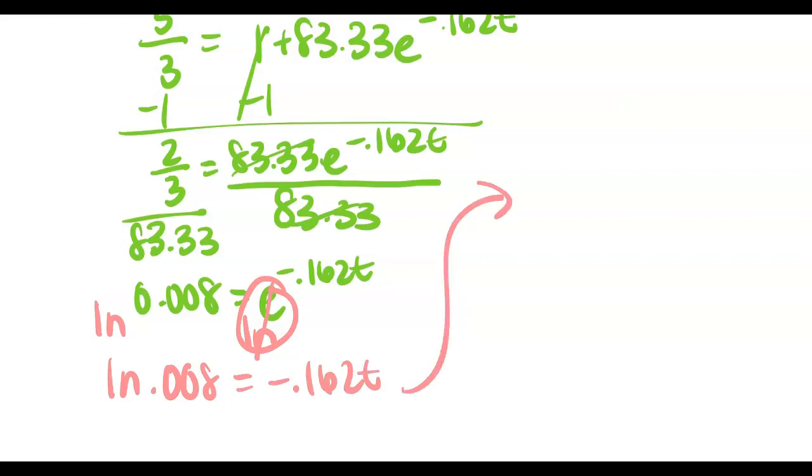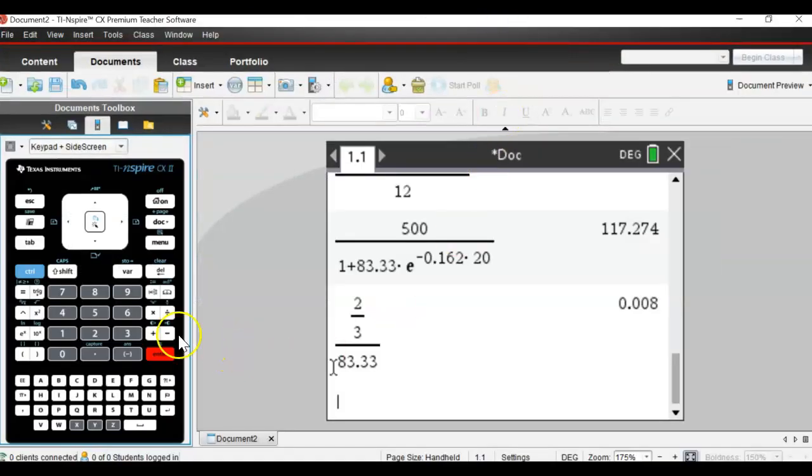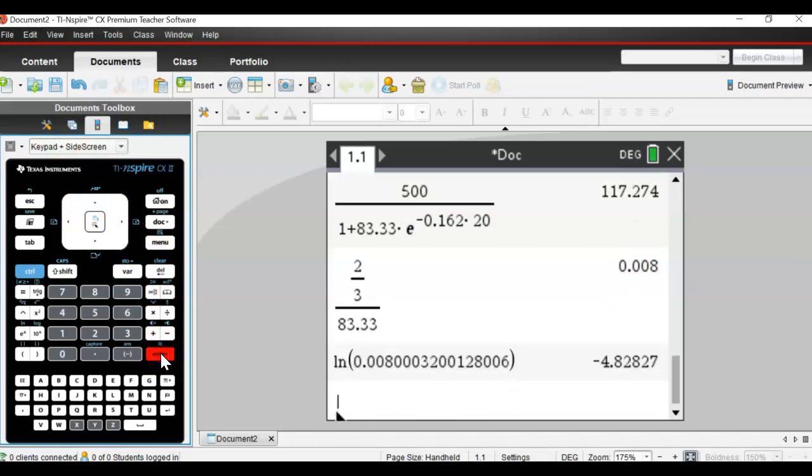So in my calculator, I'm going to go ahead and find the natural log of that decimal. So I'm going to hit the natural log button right up here in blue. Natural log. Great thing about that is you don't need a base because it's understood that the base is e. 0.008. Oops, don't do that. Cardinal sin. Scroll up, hit enter. It copies it down because I was about to miss all of those juicy decimal places. I'm going to rewrite that.